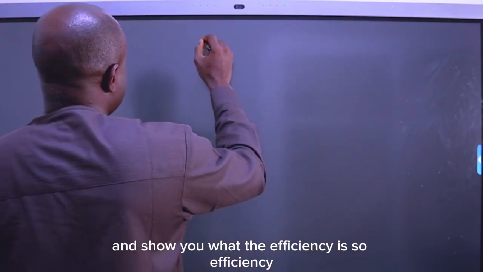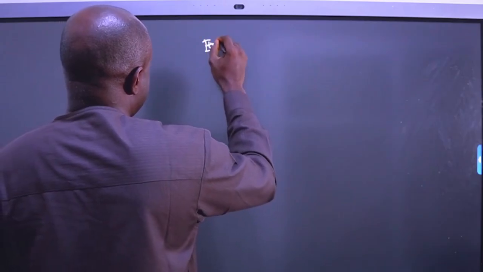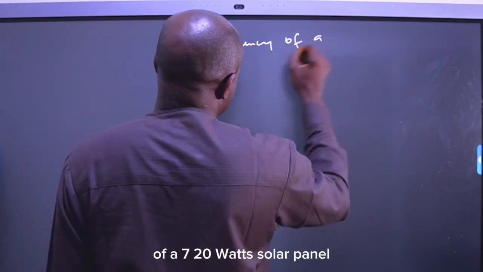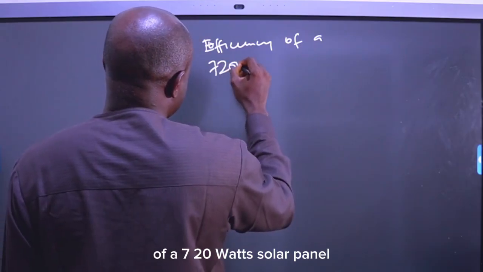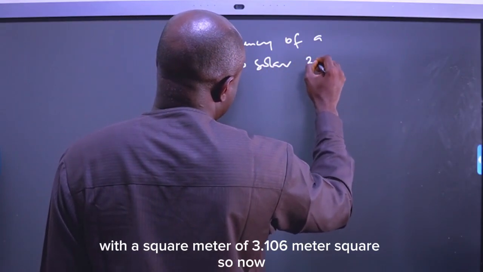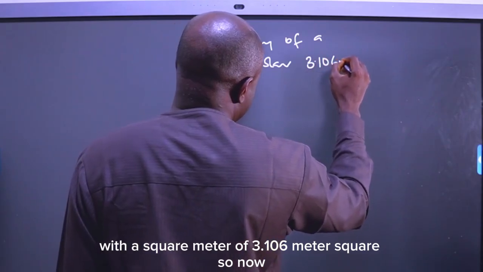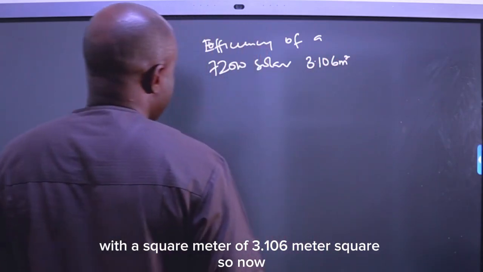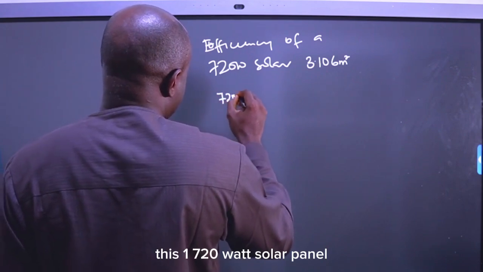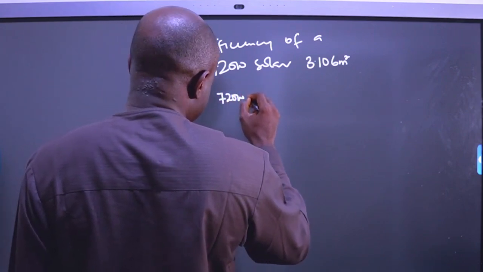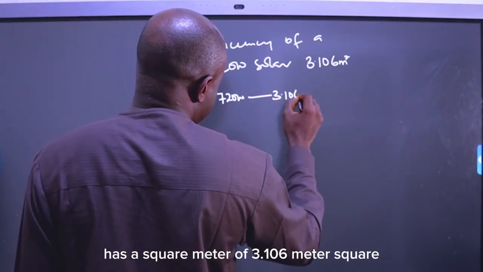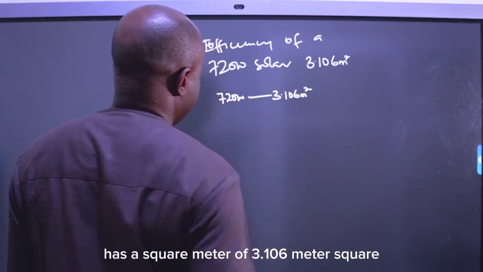So efficiency of a 720 watt solar panel with a square meter of 3.106 meter square. So now, this 720 watt solar panel has a square meter of 3.106 meter square.